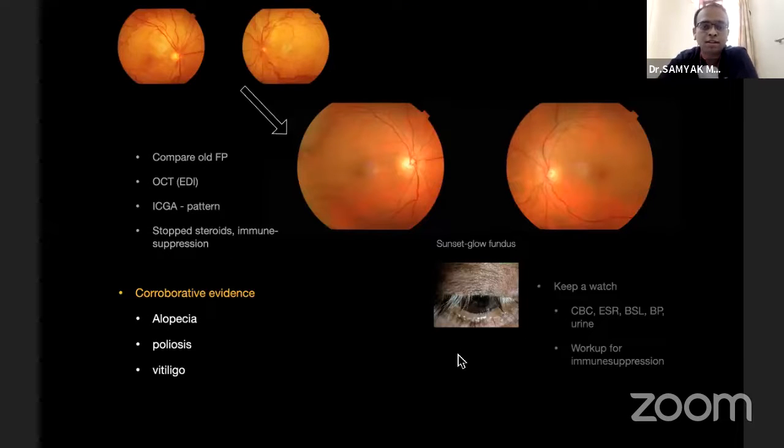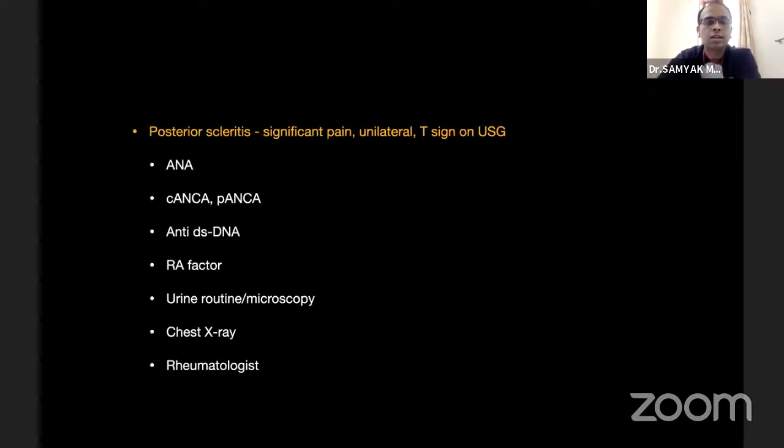If you look at a case of treated uveitis where you have the sunset glow fundus, you have to remember that this could be one of the cases where the immunosuppression or the steroids have been stopped, and the corroborative evidence will be alopecia, poliosis or vitiligo. So again, this will not require any specific laboratory investigations.